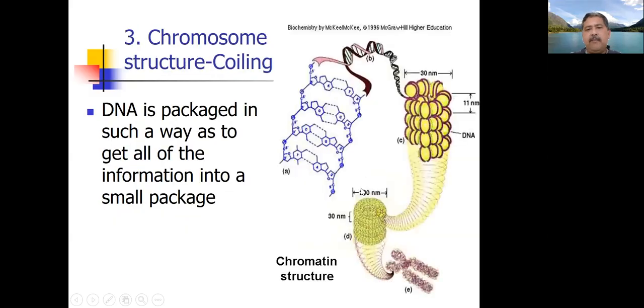It tells us more about that, because here's the fiber. This is called a 30 nanometer fiber, and then we take that smaller fiber and we wind that up some more. It's almost like you had a rubber band, and you ever play with a rubber band and make it as small as you can?